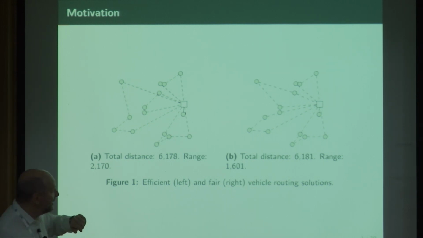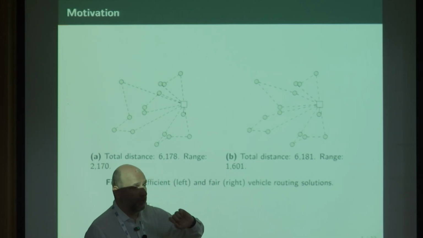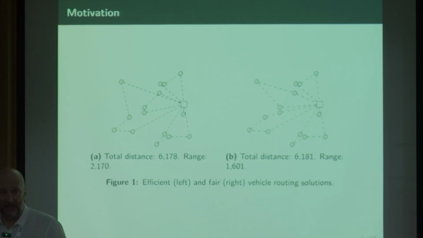The range between the longest route and the shortest one, the difference, is 2,176. However, if you allow yourself to pay only a little deterioration in the efficiency objective function, minimizing the total distance traveled, you go from 6,178 to 6,181, only a difference of 3, but you gain a lot in terms of the difference between the maximum length and the minimum length, going from 2,176 to 1,601.